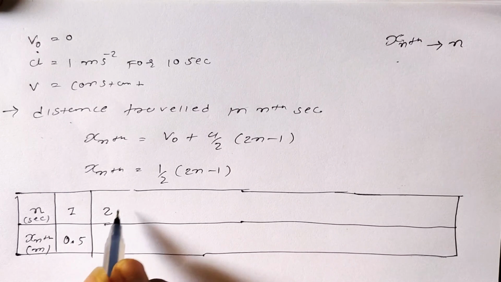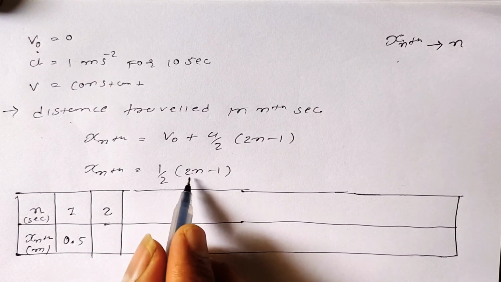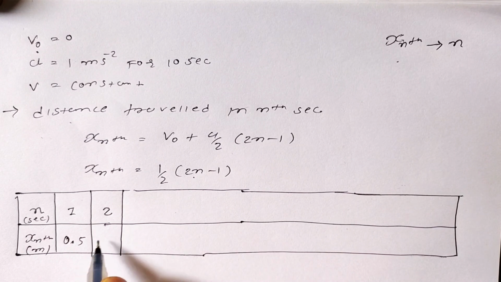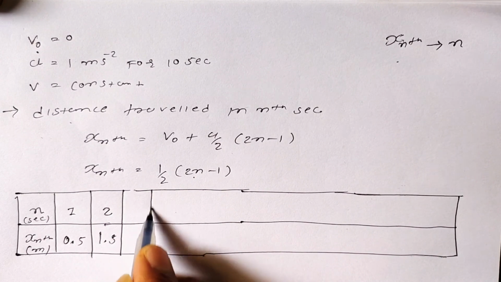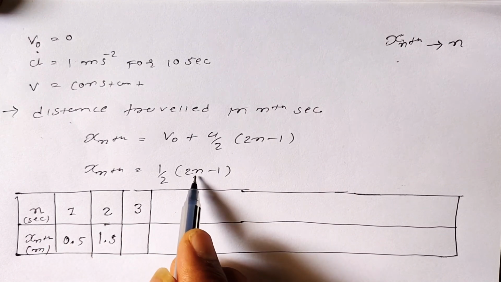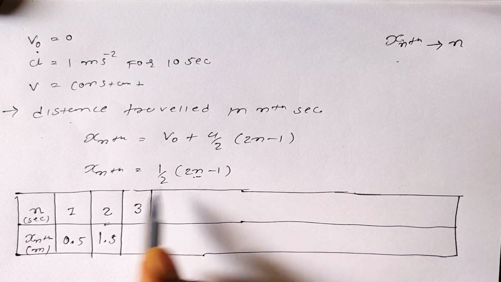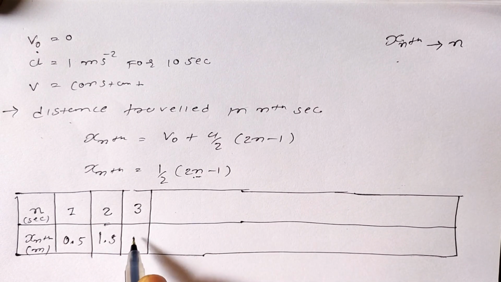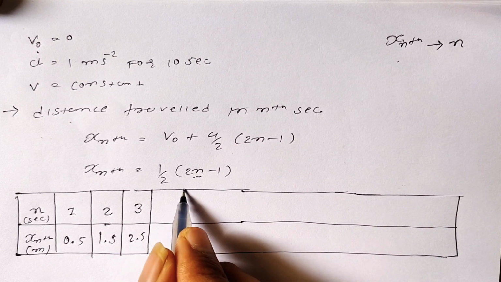Let it be n is equal to 2. So here you can say 2 into 2, 4 minus 1, 3 by 2. So it becomes 1.5. At n is equal to 3, you can say 6 minus 1 by 2, which means 5 by 2, it is 2.5.